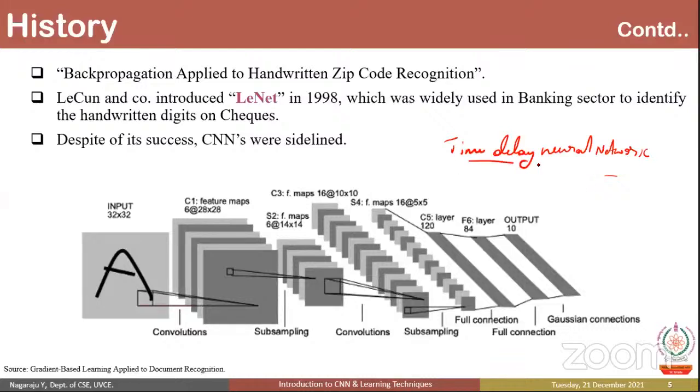This model was actually given by Waibel. Again, this is not an eye-catching work, but the major contribution from this work is gradient descent. They showed the world how to make use of the gradient descent technique.